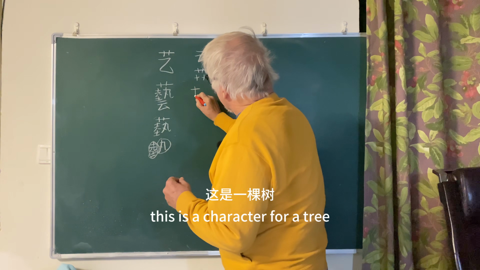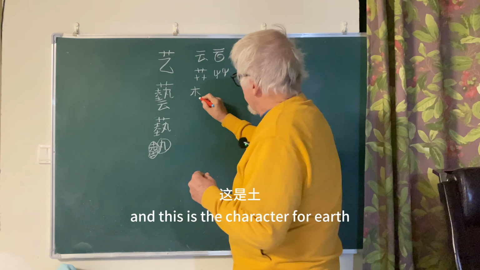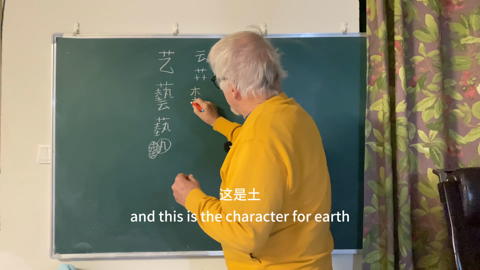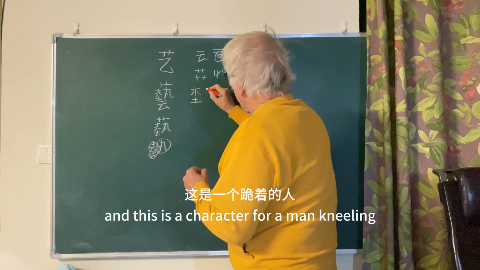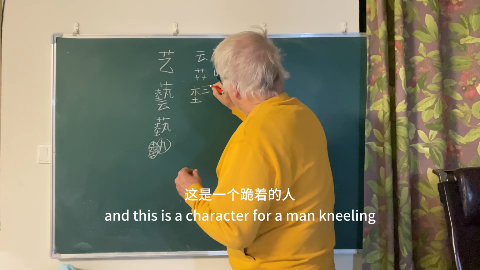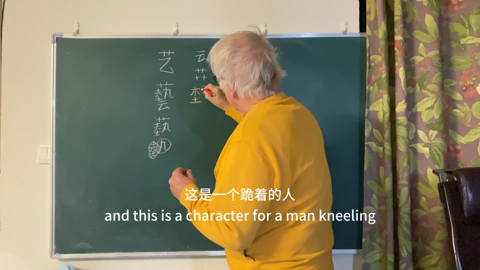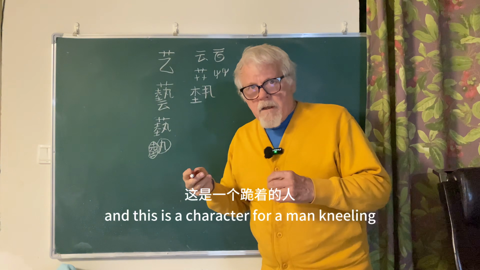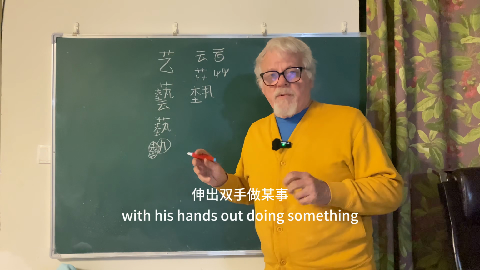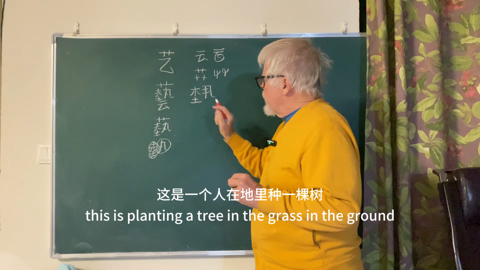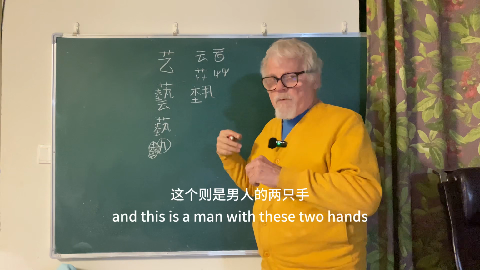So I'm going to write the character how it should have been written if it was written correctly. So this is the character for a tree, and this is the character for earth, and this is the character for a man kneeling with his hands out doing something. This is planting a tree in the ground, and this is a man with his two hands.